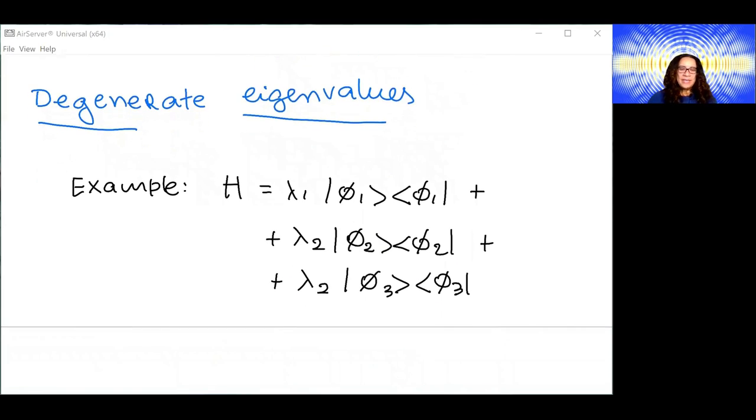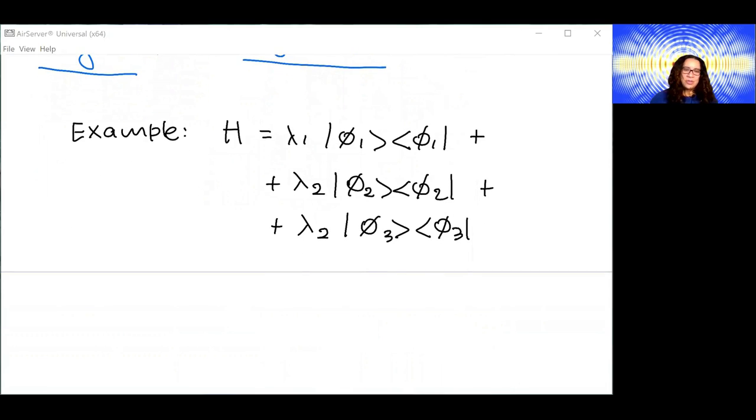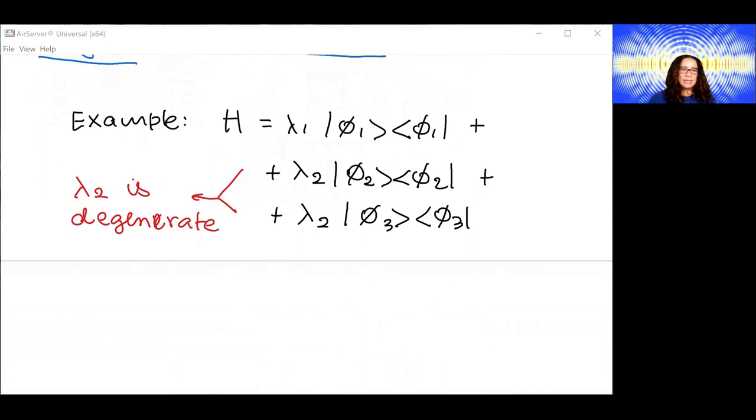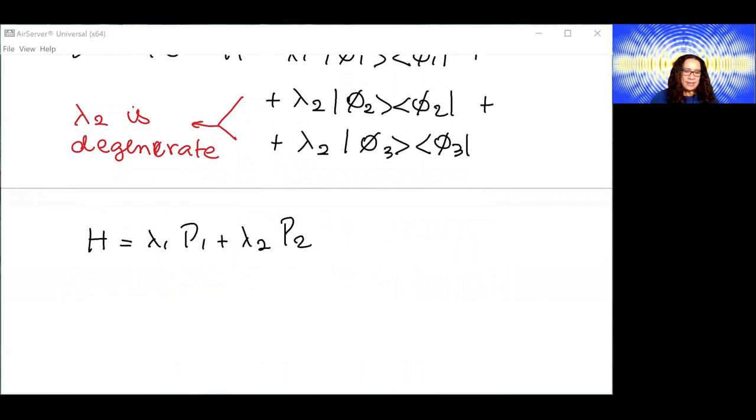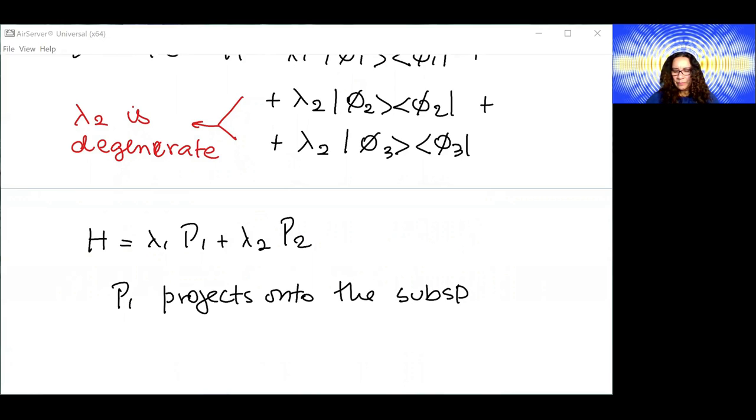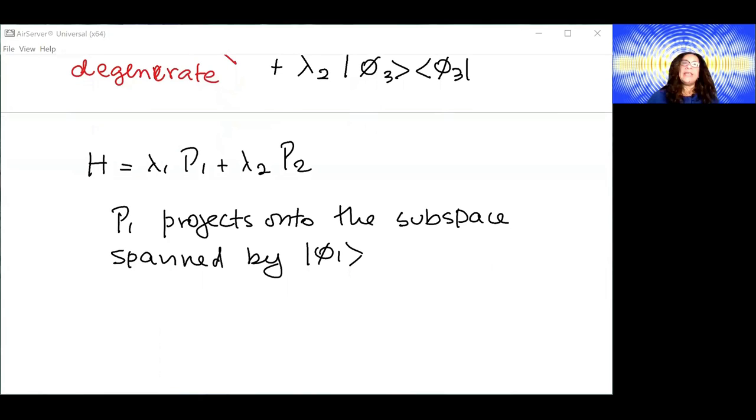And if you think about it, let me write it more explicitly. We have then the situation that, just for clarity, lambda 2 is degenerate, and we can write H as lambda 1 P1 plus lambda 2 P2, whereby P1 projects onto the subspace spanned by phi 1, meaning that P1 is equal to this guy.